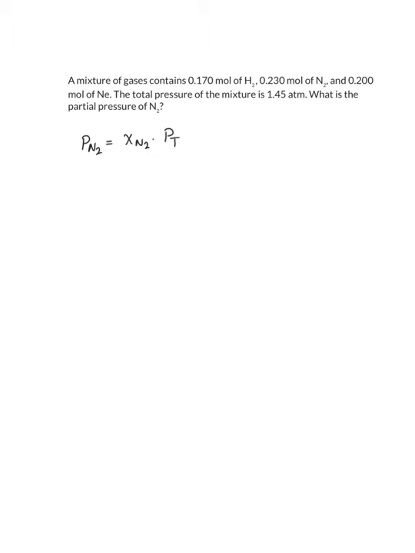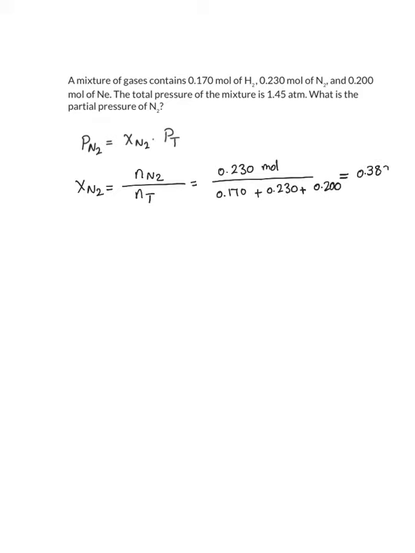So the first step is to calculate the mole fraction of nitrogen, which is the number of moles of nitrogen over the total number of moles. So nitrogen is 0.230 moles divided by 0.170 plus 0.230 plus 0.200, and the answer would be 0.383.